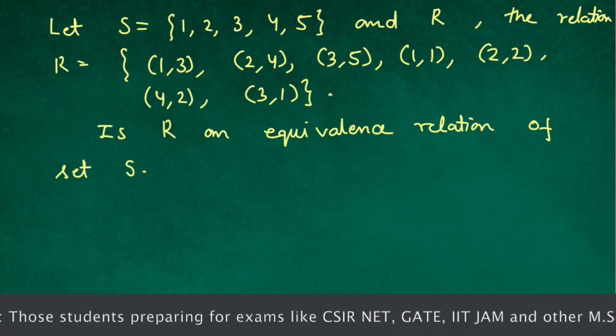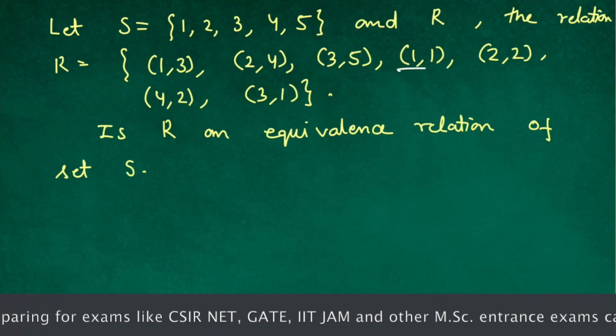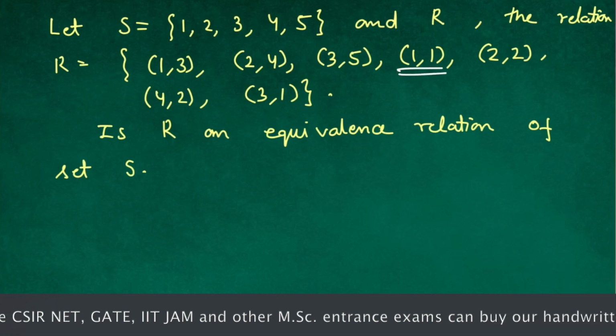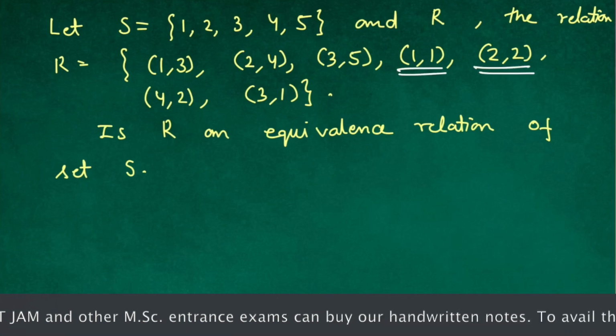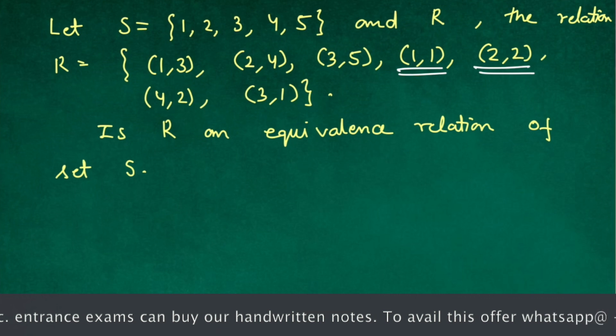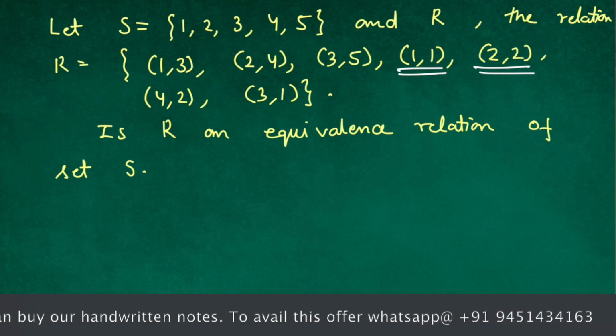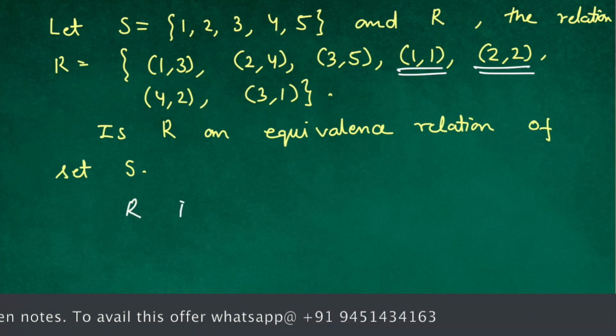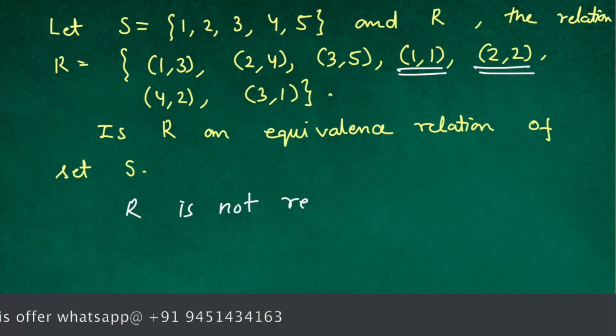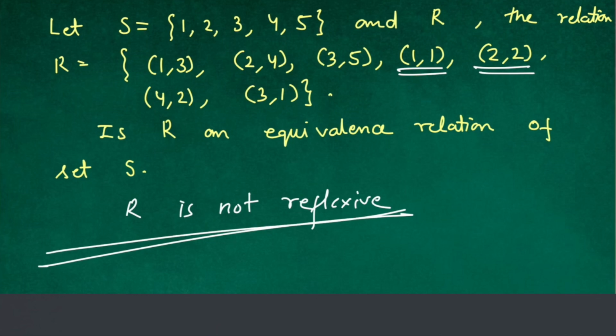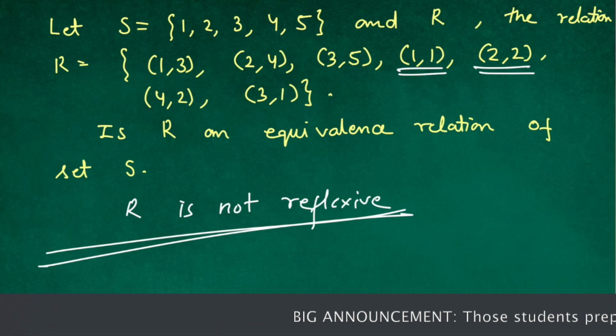So 1 is related to 1, we can see here. 2 is related to 2, but 3 is not related to 3. So relation R is not reflexive, that means it is also not an equivalence relation. We do not need to check further.